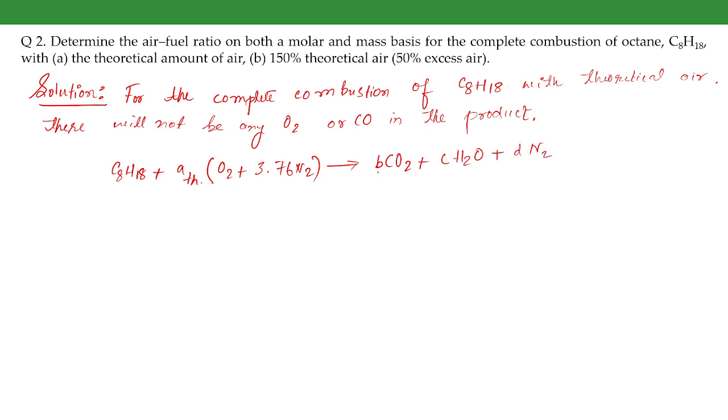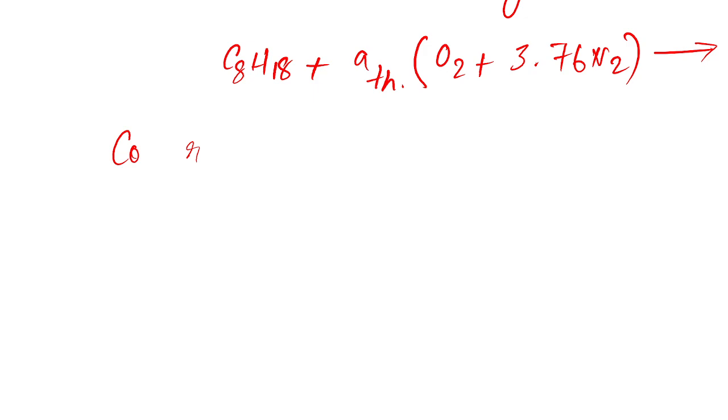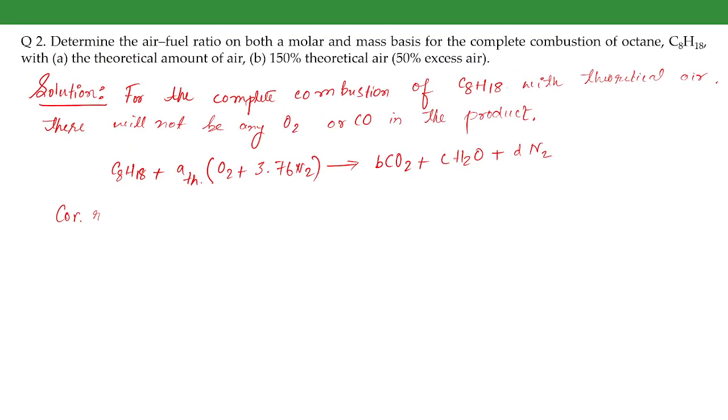So B will basically be 8 if we make a mass conservation of the elements. From the conservation of carbon, B is equal to 8. From the conservation of hydrogen, twice of C equals 18, that is C equals 9.